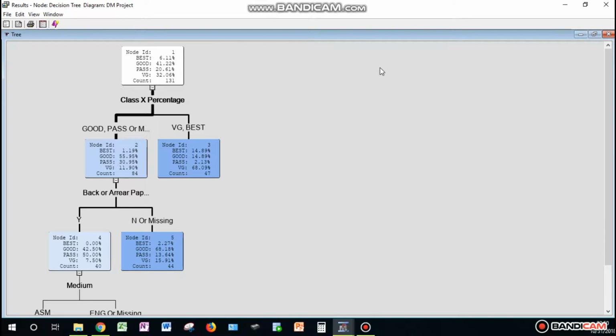The first layer, what mostly determined if a student did very good or best, was if they had a very good or best score on Class X percentage. And Class X percentage is a high school exit exam similar to the SAT or ACTs in the United States.